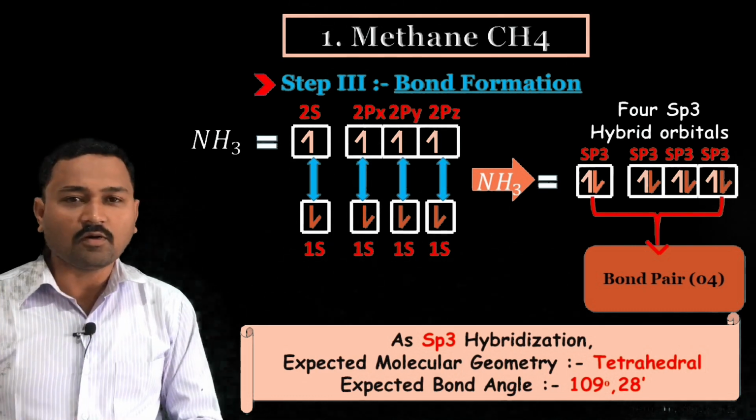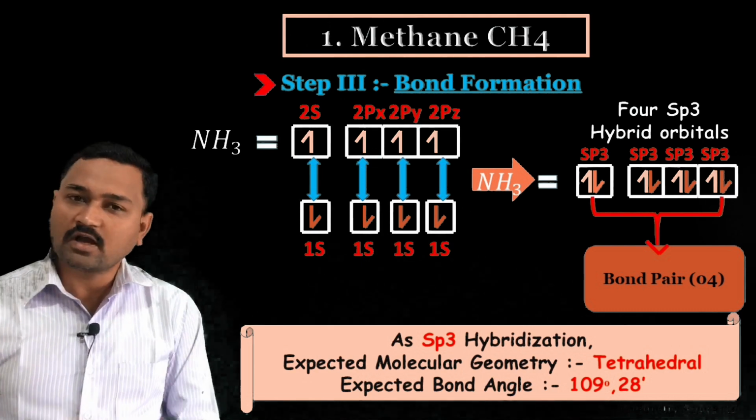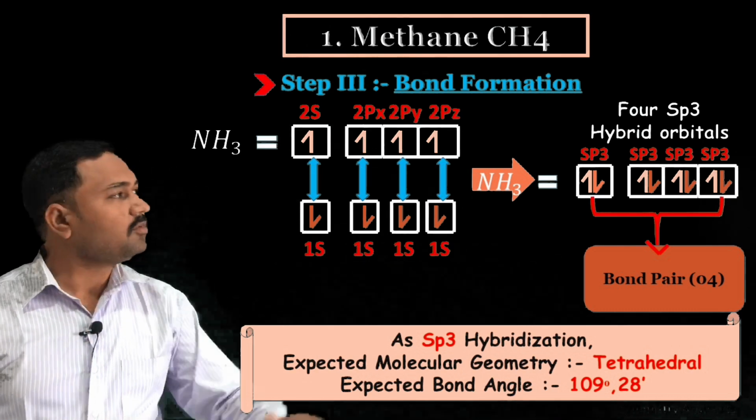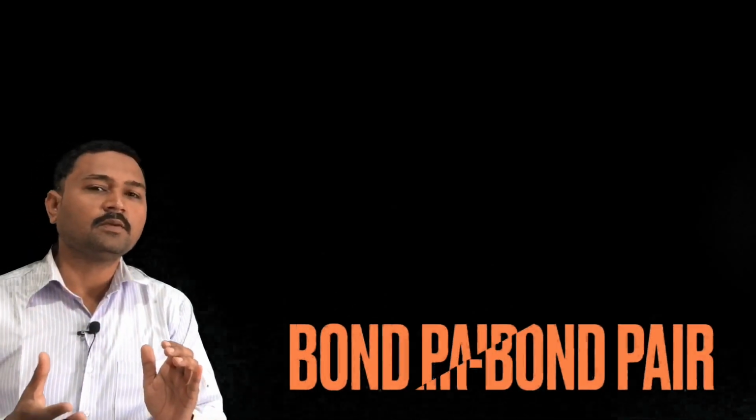Here you will observe that there is no lone pair present on the carbon atom, only bonding pairs are present in the methane molecule. Hence bond pair repulsion takes place, as you already studied in the VSEPR theory.